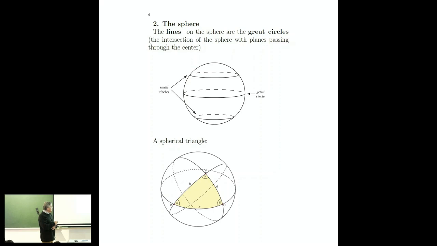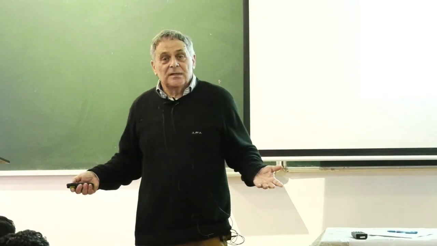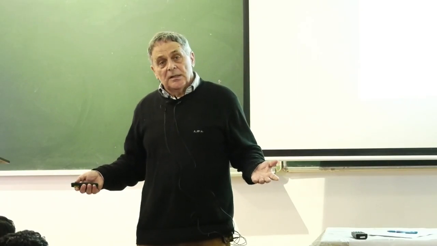Since this is perpendicular to the other side, this is an altitude, right? This is also an altitude because it's perpendicular. It goes from one vertex perpendicular to the other side, and this is also an altitude. The sides are altitudes, and they don't meet in one point, right?